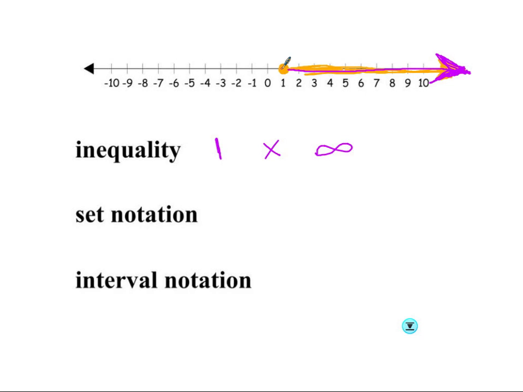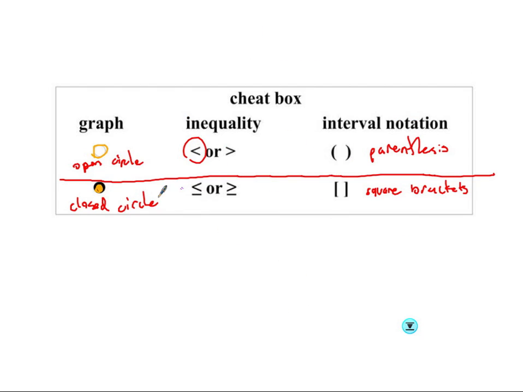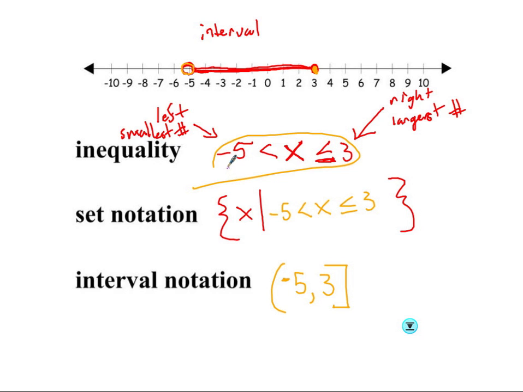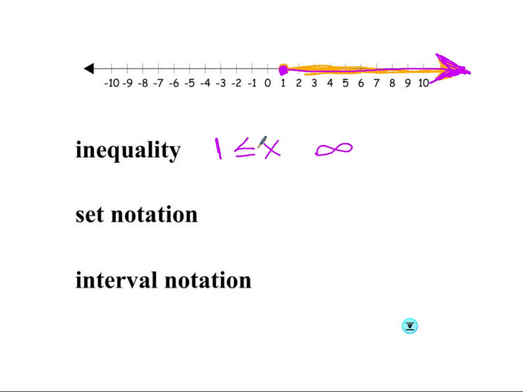Okay, now notice that at 1, I have a closed circle. So for closed circle, I have to use this symbol right here, less than or equal to. So it's going to be 1 is less than or equal to x. But what symbol am I going to use right next to the infinity? Well, for this, here's a special rule.